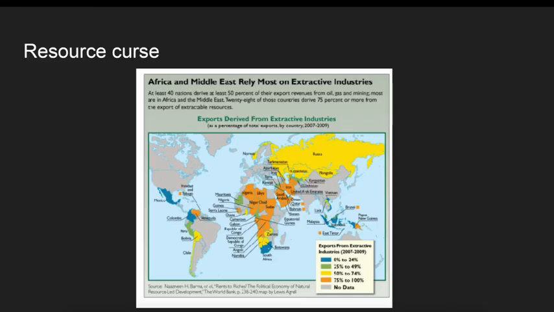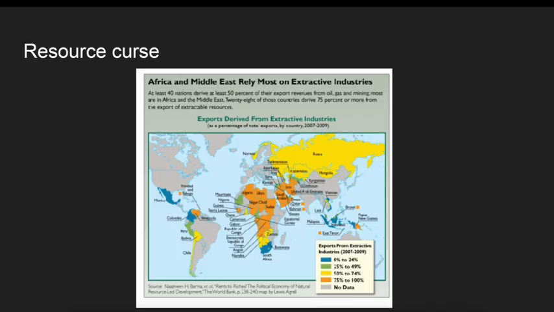Another explanation has to do with the resource curse. So when we think about the resource curse, we would expect that if a country has natural resources, oil, natural gas, diamonds, etc., they should be able to use any money from that to reinvest back into the economy, reinvest back into making themselves a stronger state, providing for people, right?